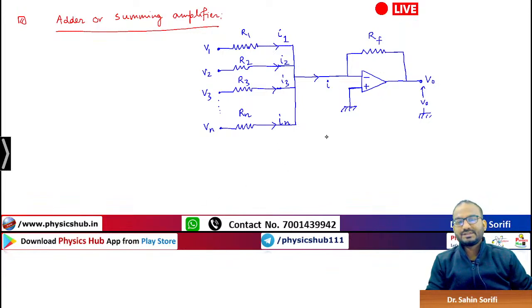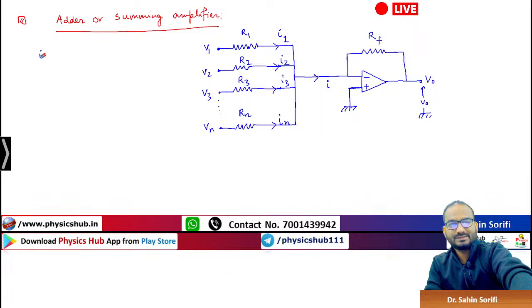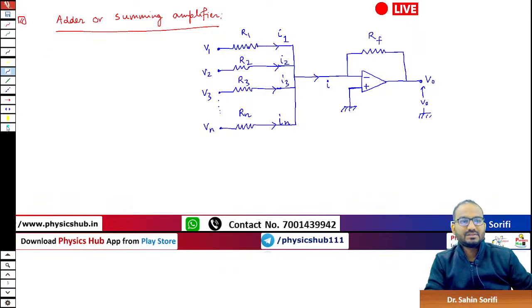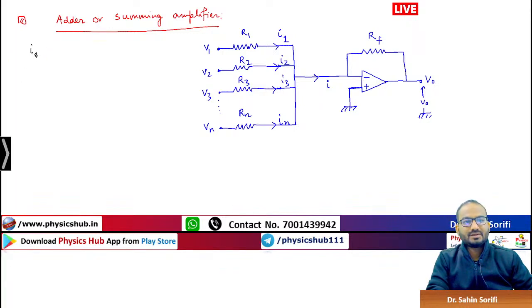Look, one thing you can see from here, that the sum of currents I1, I2, I3, IN equals to I. So if you apply Ohm's law, V is equals to IR formula, I is equals to V by R. Look, this is at zero potential.